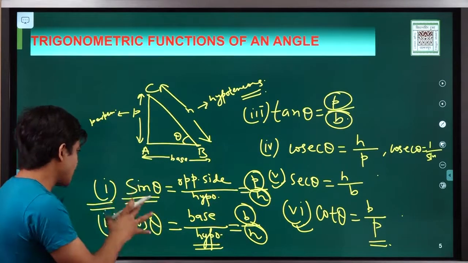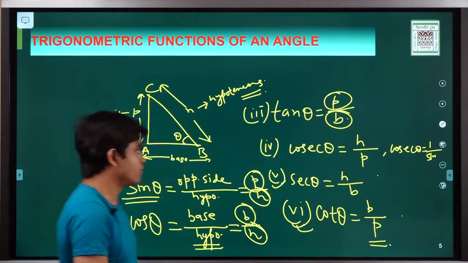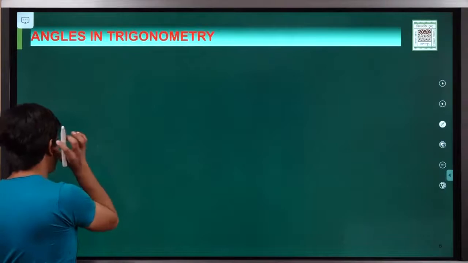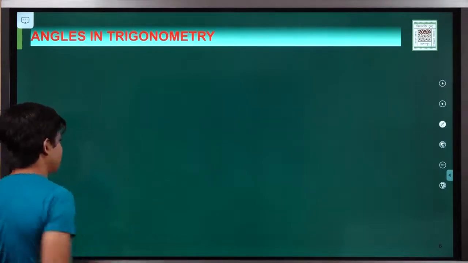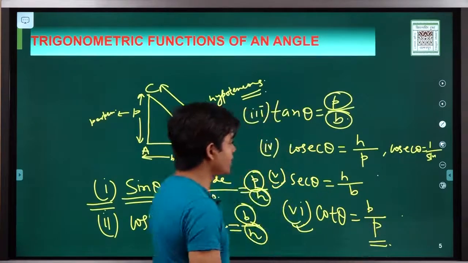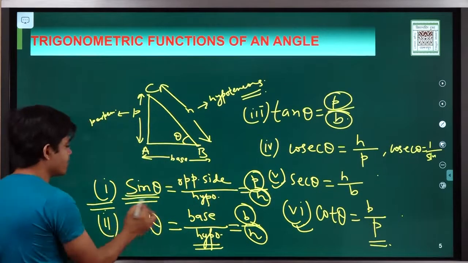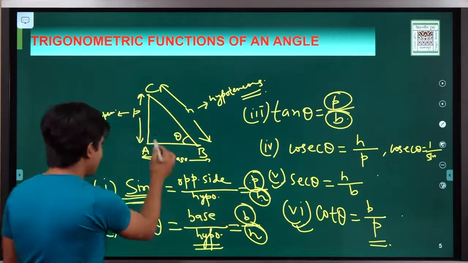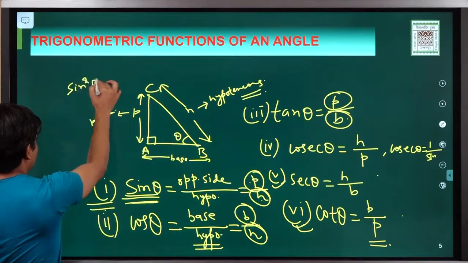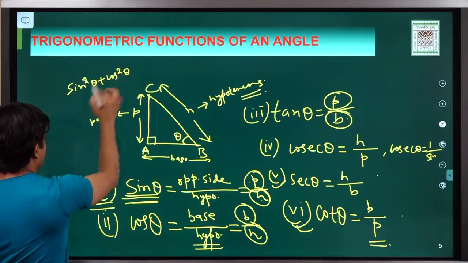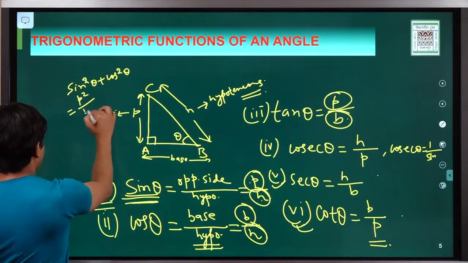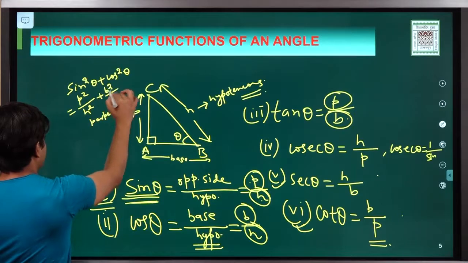These are the 6 trigonometric ratios, and we can easily state some interesting facts related to them. In the previous slide we saw that sine theta is P by H, and as this is a right angle triangle, sine squared theta plus cos squared theta is P square by H square plus B square by H square.